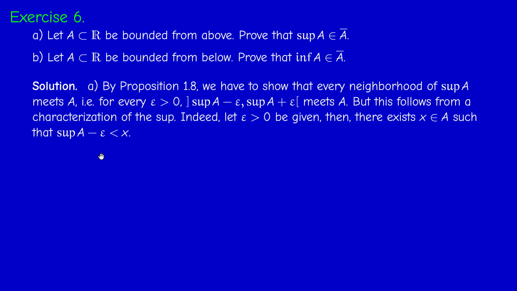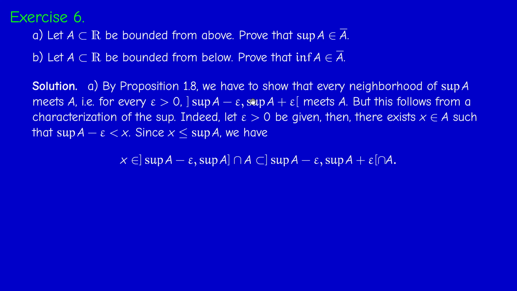Of course x is less than or equal to the supremum because the supremum is an upper bound. So x is in the interval sup A minus epsilon, sup A, which is contained in the bigger interval sup A minus epsilon, sup A plus epsilon. So the intersection is not empty.